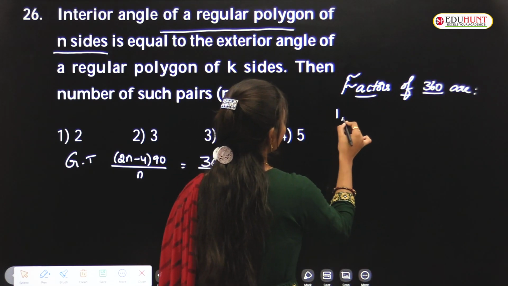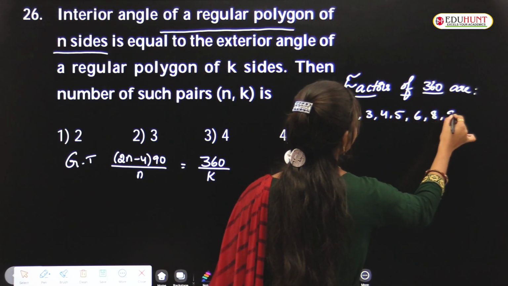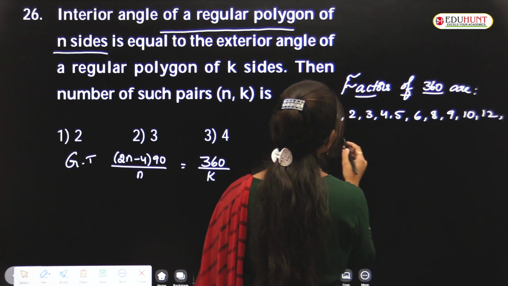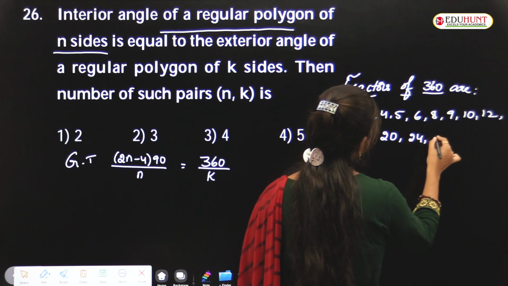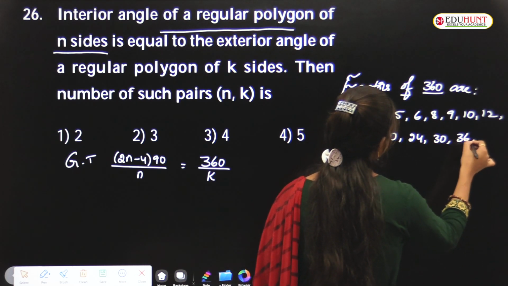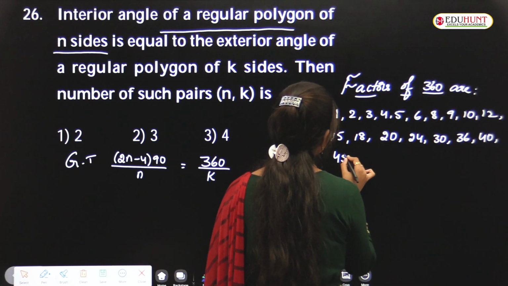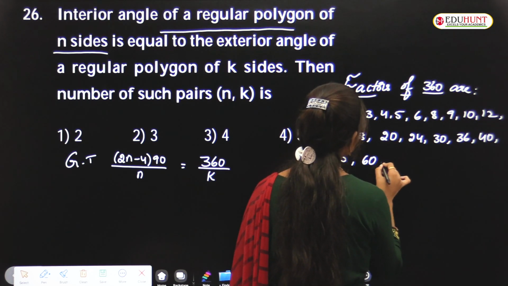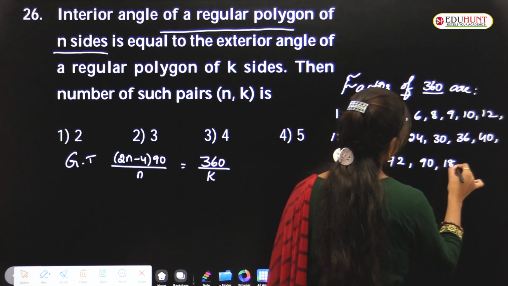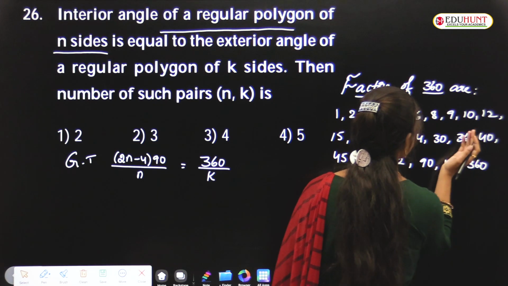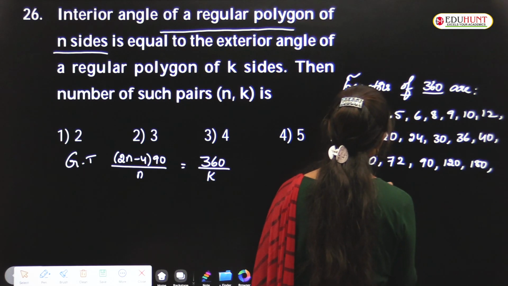Factors of 360: 1, 2, 3, 4, 5, 6, 8, 9, 10, 12, 15, 18, 20, 24, 30, 36, 40, 45, 60, 72, 90, 120, 180, 360.